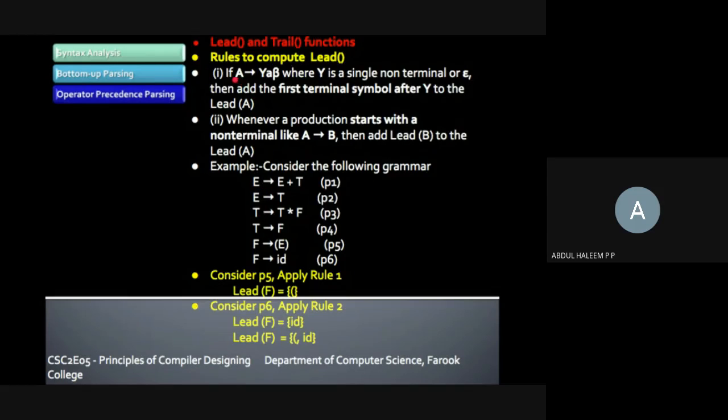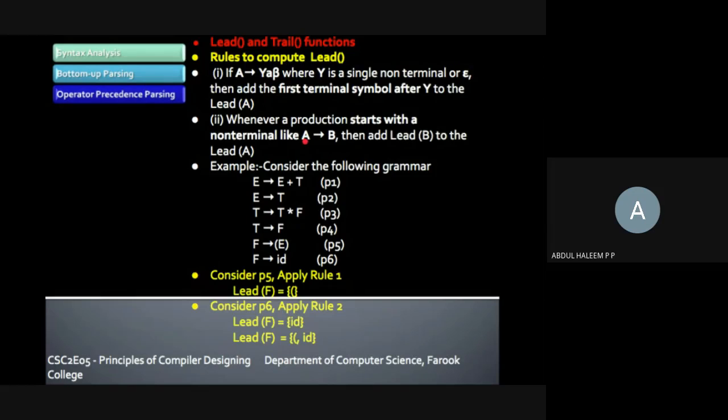Suppose that you have a CFG production such as A derives Y a beta, where Y is a single non-terminal. Then the LEAD of A will contain the terminal small a.